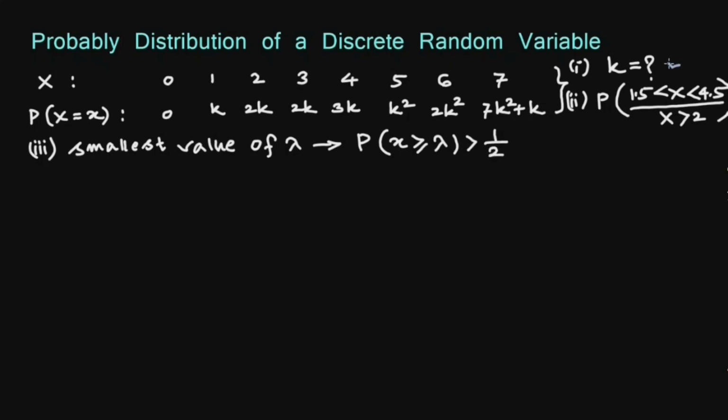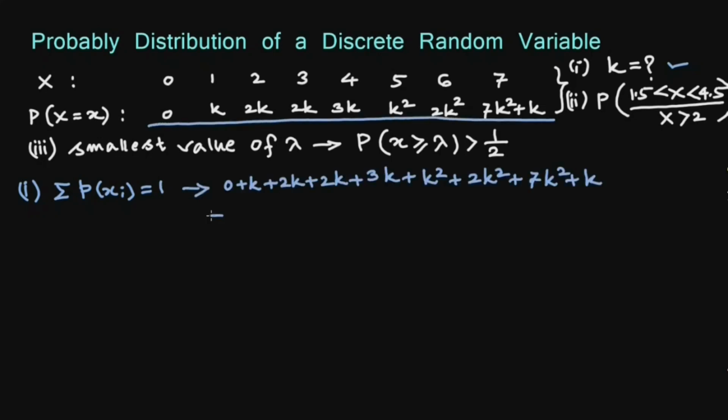For finding the value of k, we will use summation p of xi equals 1. So that will be adding all these values of probabilities. This will be 10k square plus 9k equals 1, which will be 10k square plus 9k minus 1 equals 0. This is a quadratic equation in k.